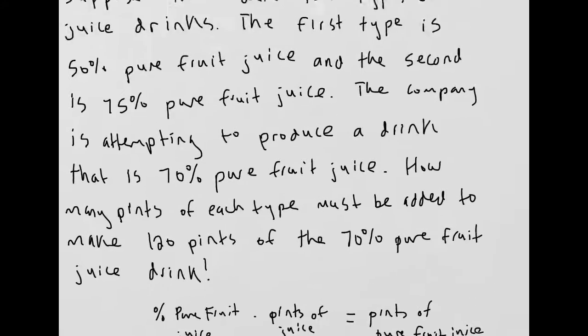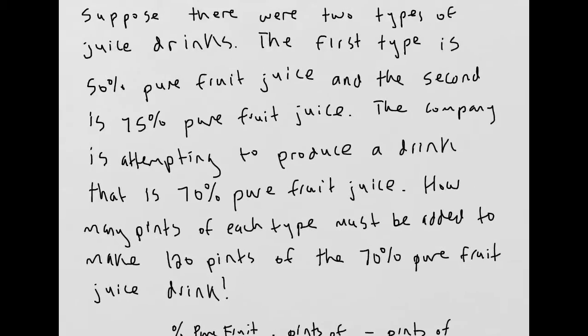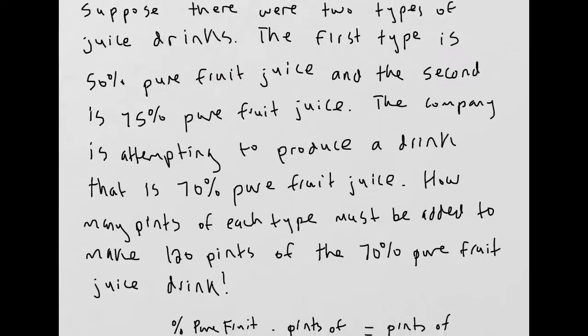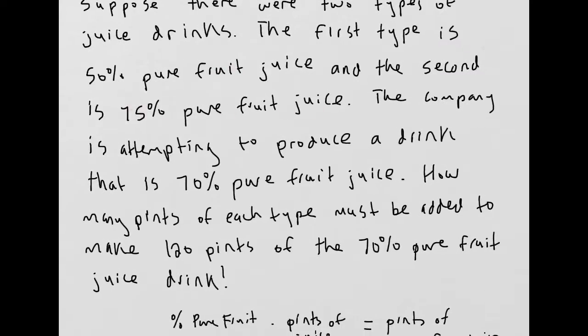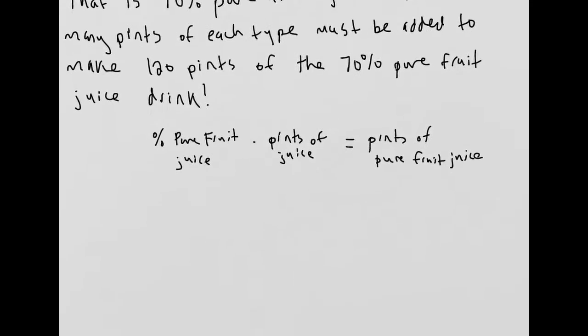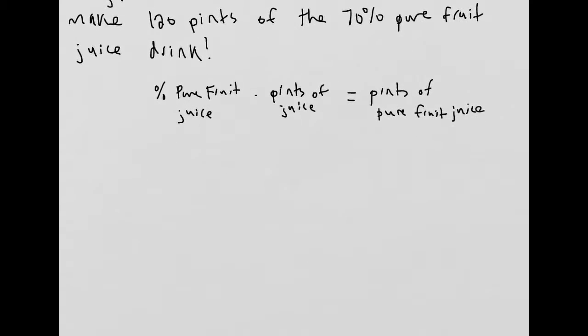So in this problem, you'll notice that I actually have three different types of juices. They give me the initial one. It says the first type is 50% fruit juice and the second type is 75% pure fruit juice. So I'm going to try to organize my information in a table. The first one they mentioned was my 50% fruit juice mixture.